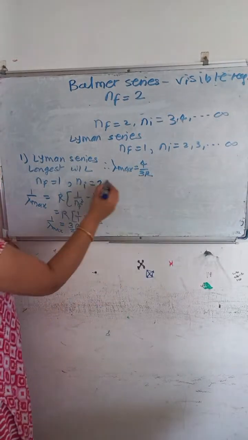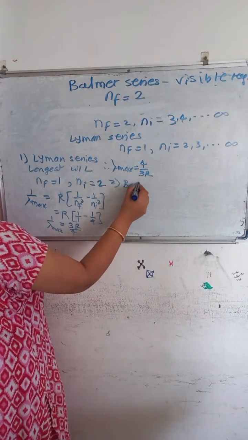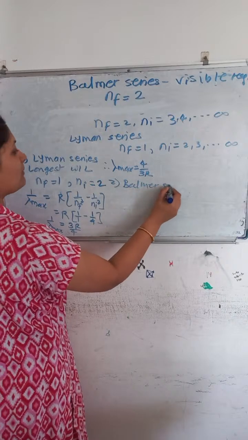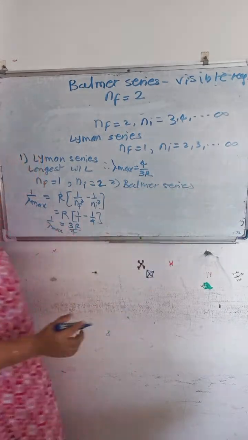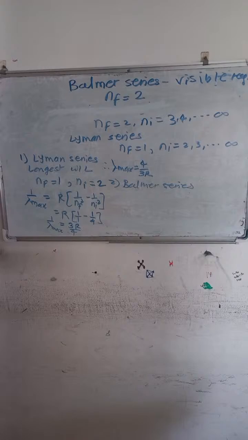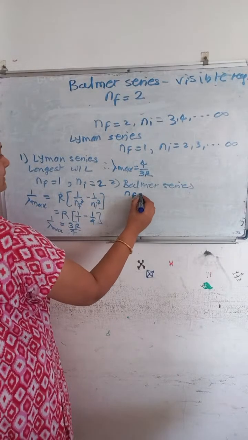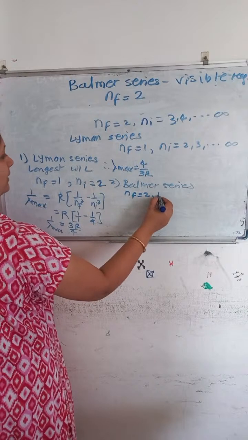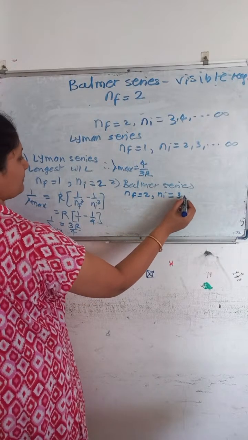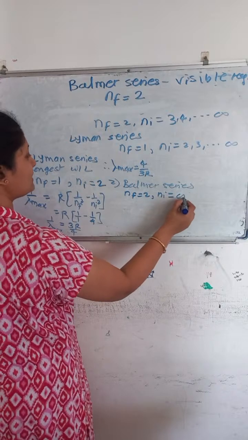After that we have the Balmer series, and for Balmer series they are asking us to find the shortest wavelength. For Balmer, nf is nothing but 2 and ni is 3, but shortest is there, no, that is infinity.